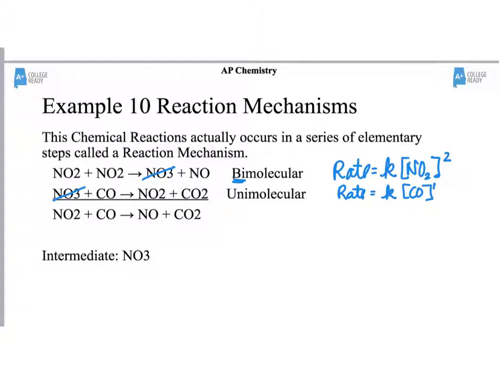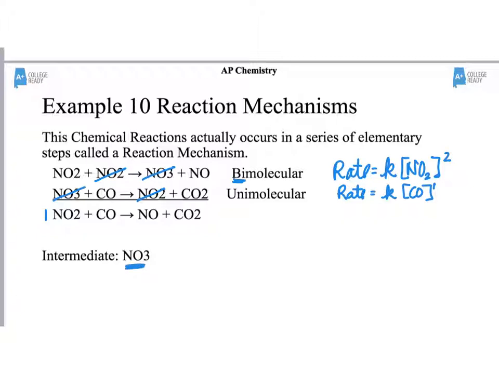And if you look, here's the overall reaction. Now, why don't I have a 2 in front of the NO2? Well, look, I made another NO2, which cancels out one of the NO2s that I originally used. So that leaves me with one NO2 actually used. All right. And remember that NO3 was an intermediate.